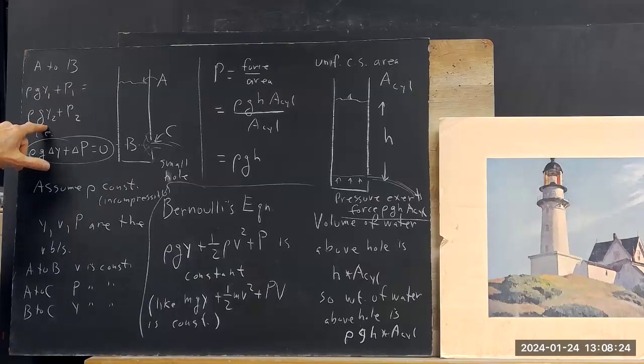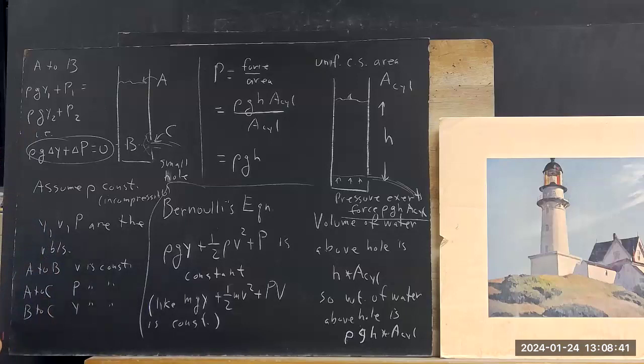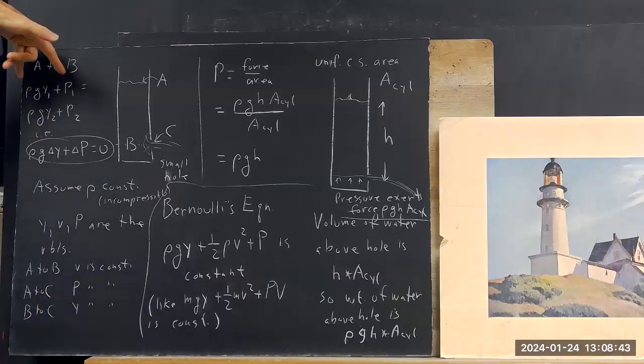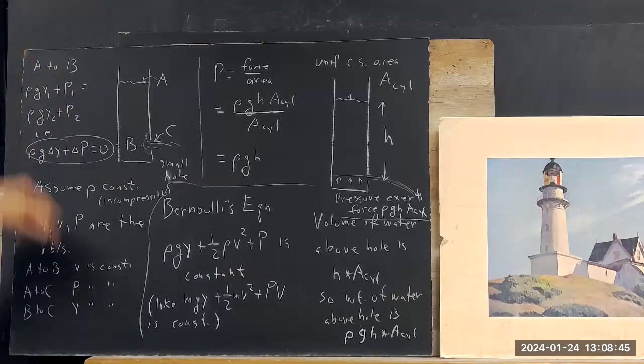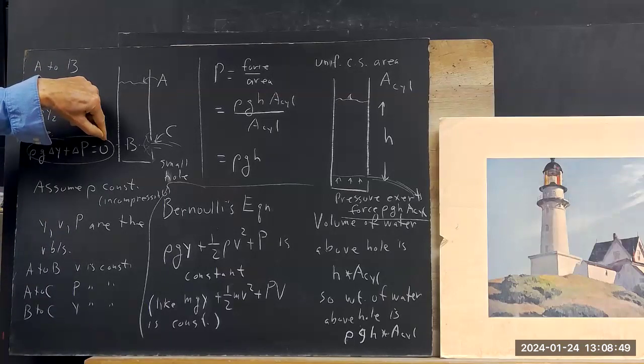You get rho g times y2 minus y1, which is rho g times delta y. If you subtract P1 from P2, you get P2 minus P1, which is your delta P. And if you subtract this side from this side, you're left with 0, so that has to be equal to 0.